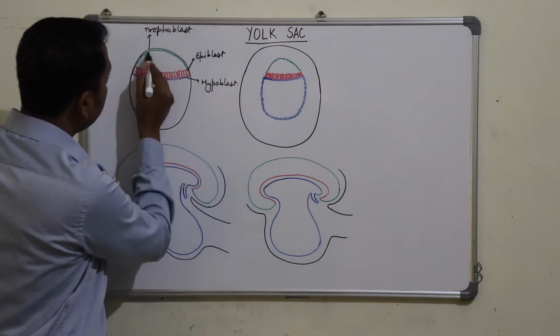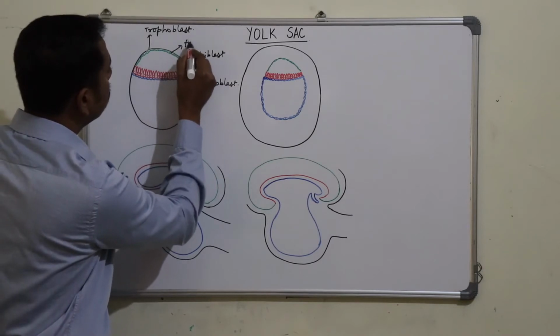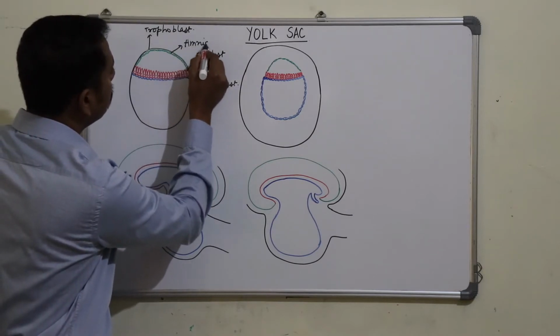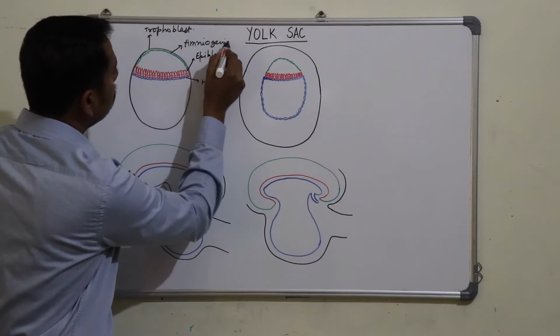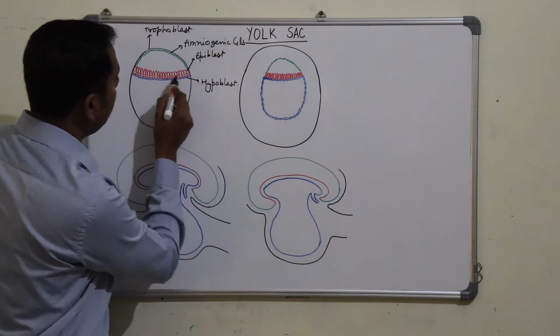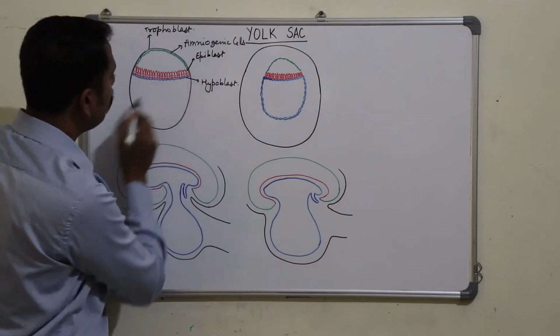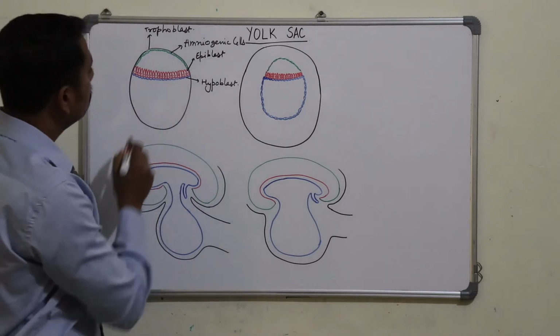And the green color cells, flat cells, are the amniogenic cells, which are derived by proliferation of the epiblast cell layer. The epiblast cell layer are columnar in shape and hypoblast cell layer is flat to low cuboidal in structure.